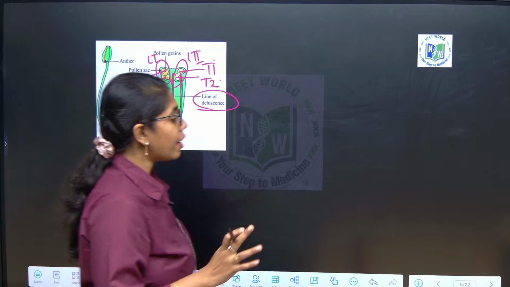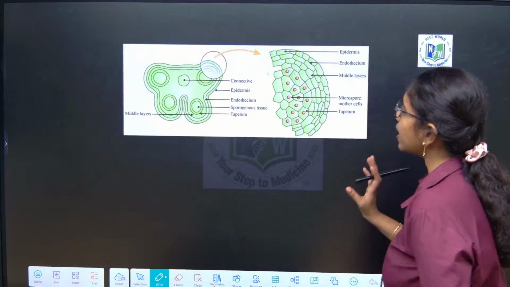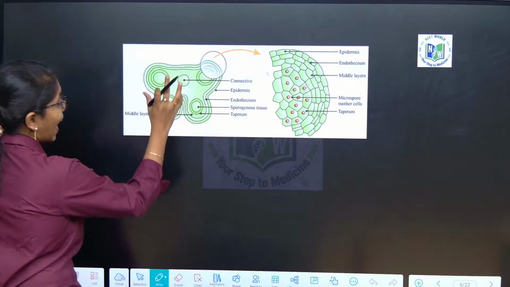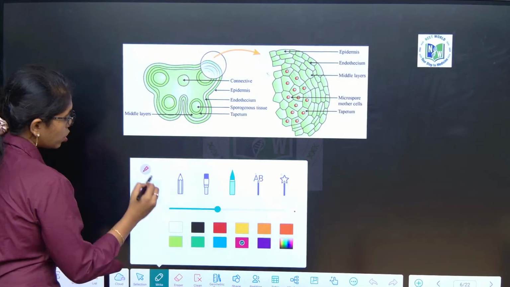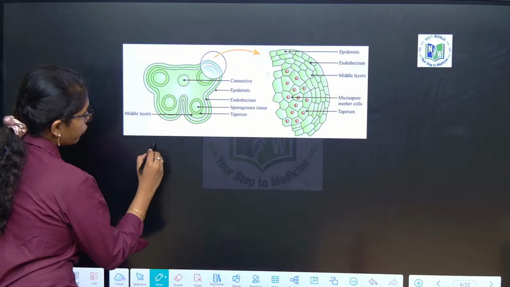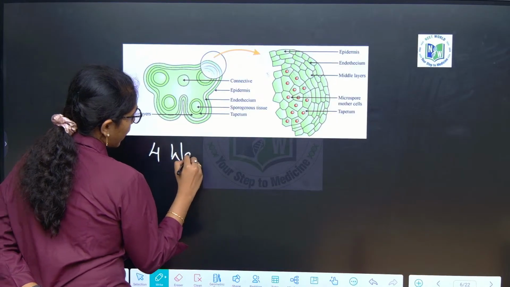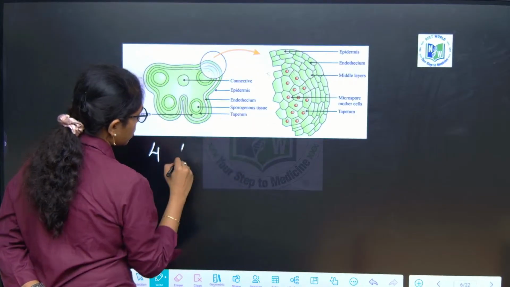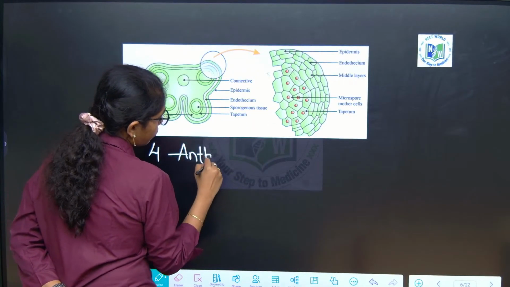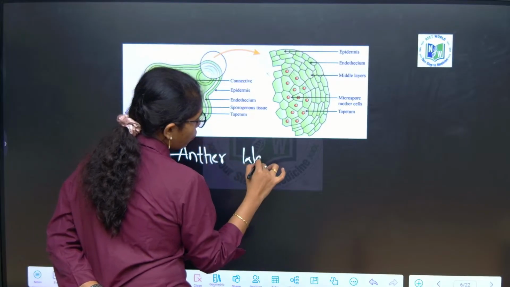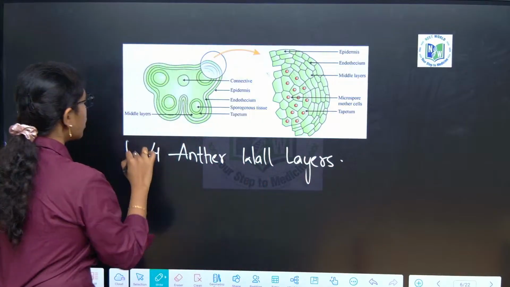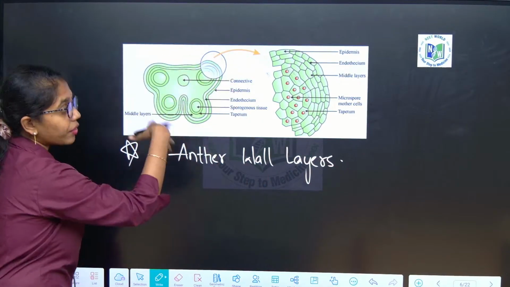Clear? So now, if you look clearly at the transverse section of the anther, you will see that the anther has 4 wall layers, 4 anther wall layers. Listen carefully, very important. What are the 4 anther wall layers?